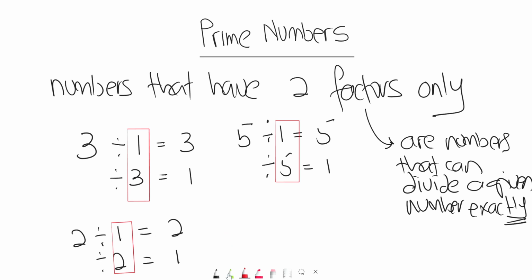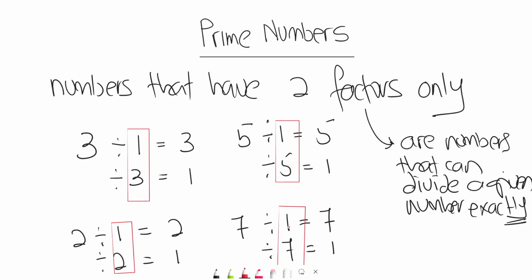All right. So from here you can see a pattern. 3, 5, and maybe we'll do another, 7. 7 divided by 1 is 7, and 7 divided by itself is 1. So 7 has two factors also, 7 and 1.